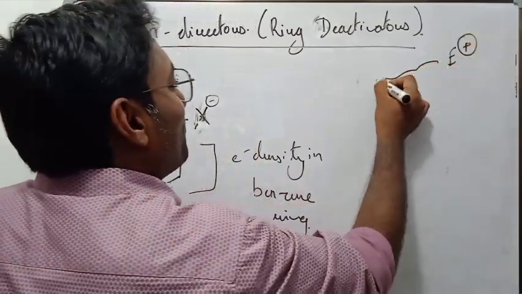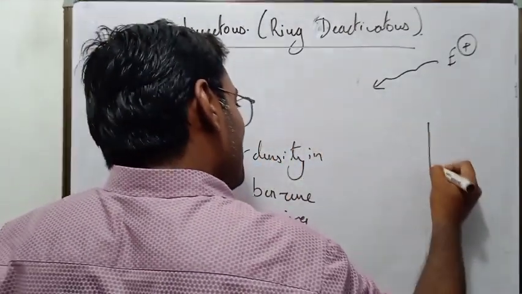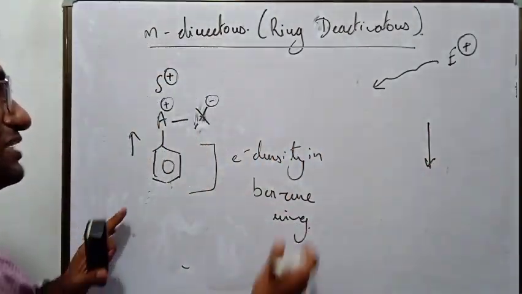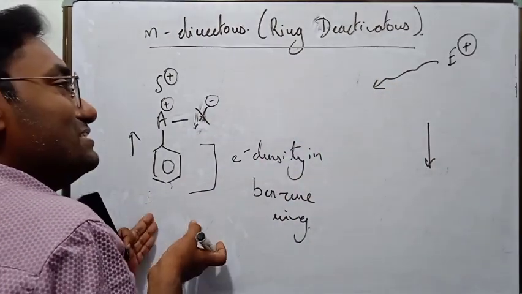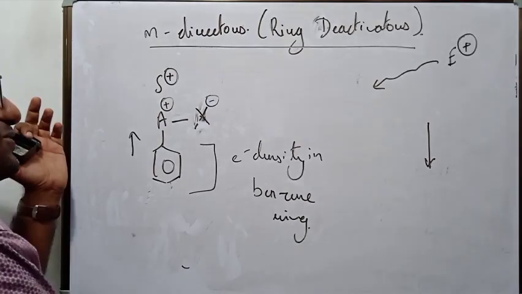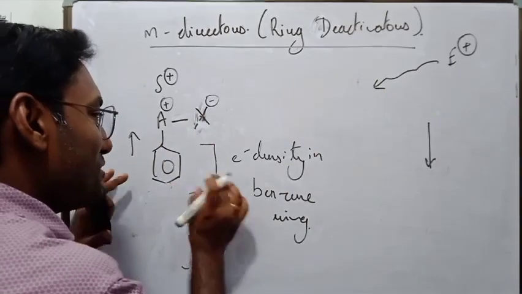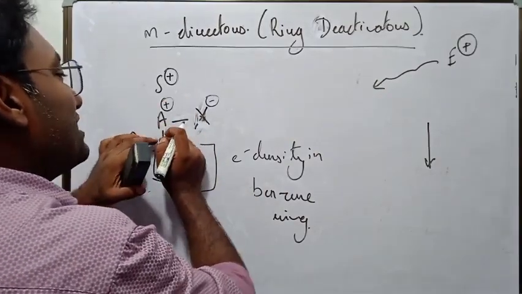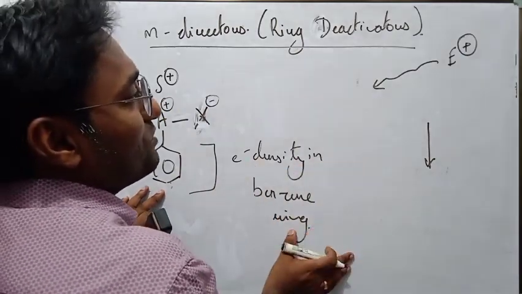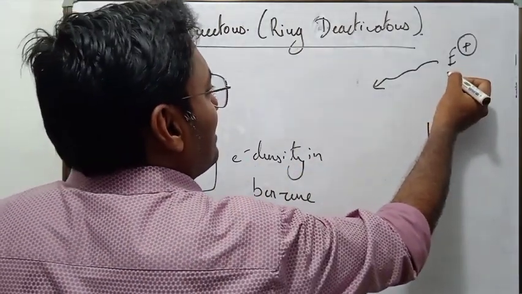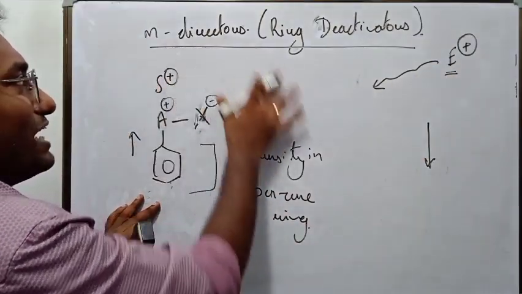No. That is, the rate of electrophilic aromatic substitution would decrease, because now there is nothing to attract the electrophile, right? Much better was benzene compared to this, right? Compared to benzene, the rate would decrease, because the key atom has withdrawn the electron of the benzene ring, and the electron density in the benzene ring has drastically reduced. So this doesn't make the electrophile to be attracted to the benzene ring. So that is why it would act as a ring deactivator.